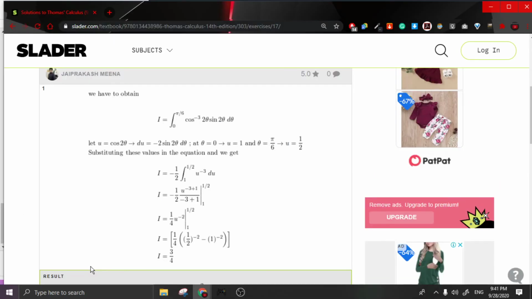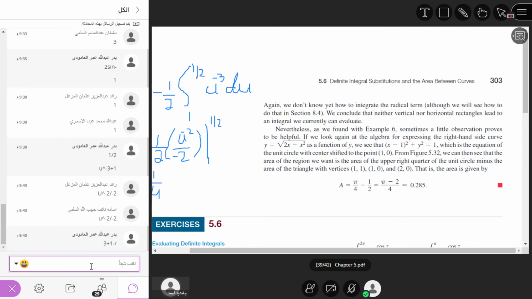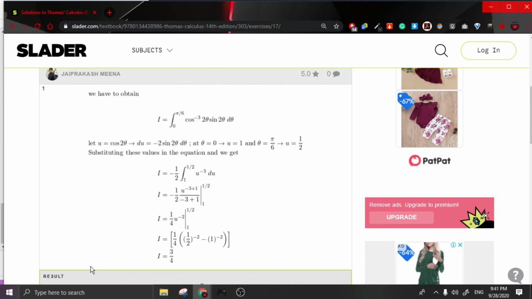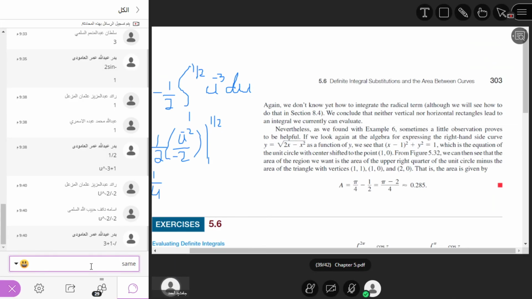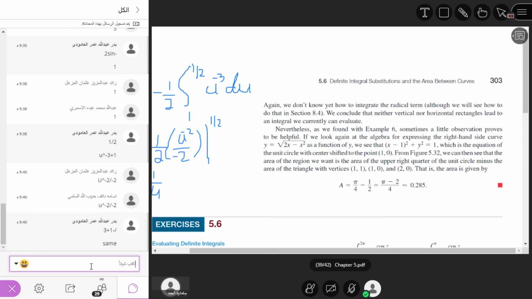Whenever we shift from numerator to denominator, will the sign stay the same or change? Here we have u power minus 2. Whenever I shift from numerator to denominator, its power sign will change. So this will be equal to 1 divided by u square.